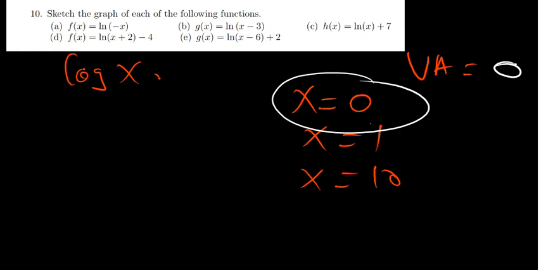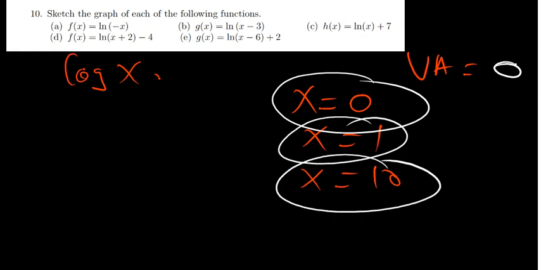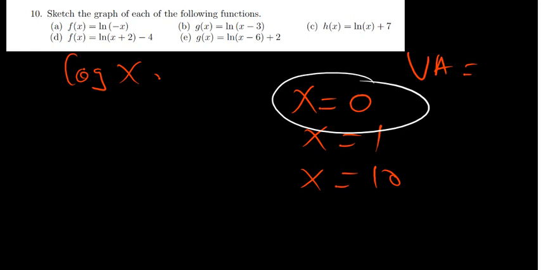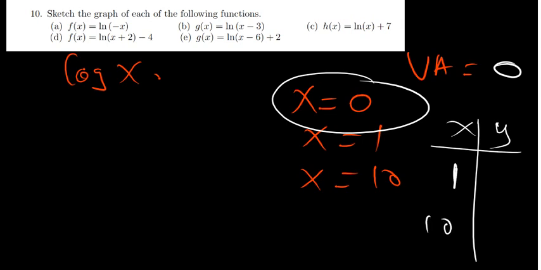Then these two are the ones we're going to use to plot. So in that case, I'm going to say my vertical asymptote is 0. Next, I need to have this. So I'm going to say when x is 1 and when x is 10. So I'll start. When x is 1, any log, regardless of any base, as long as it's log 1, is 0.